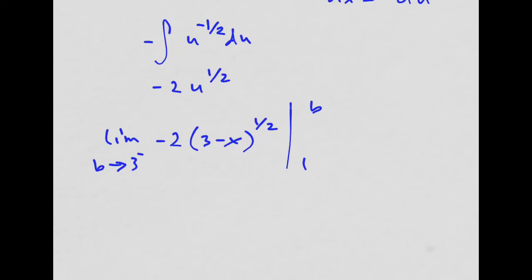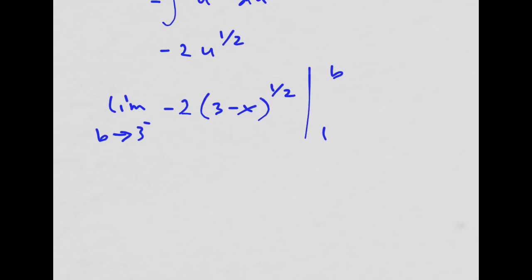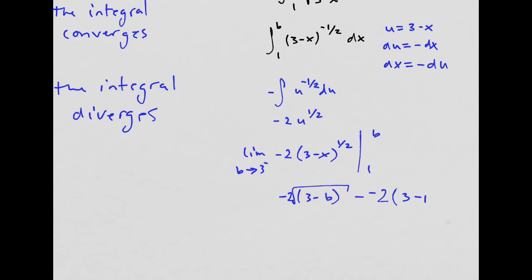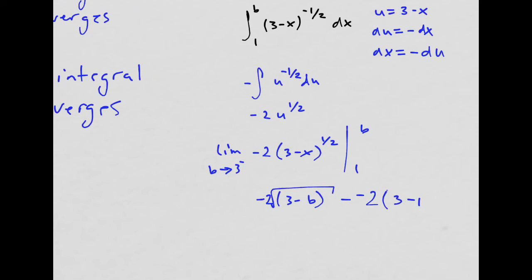And then we just plug stuff in. So, negative 2 times 3 minus b, underneath a radical, minus negative 2 times 3 minus 1, to the 1/2. I feel like it should have been a negative 1. Oh well.